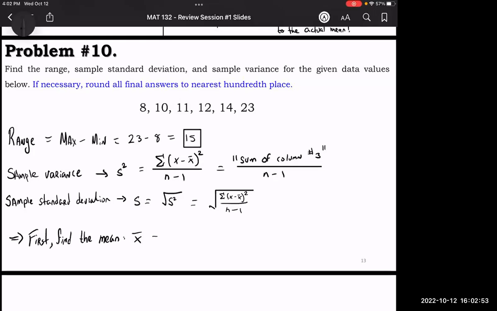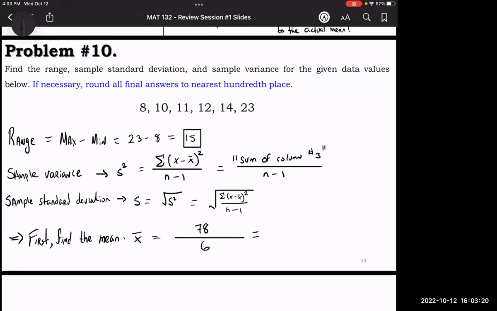To get X bar, this is going to be the sum of your data values divided by the total number of data values. So if I take 8 plus 10 plus 11 plus 12 plus 14 plus 23, what would all those numbers add up to be? 78. So we take 78 divided by the total number of data values, which is 6.